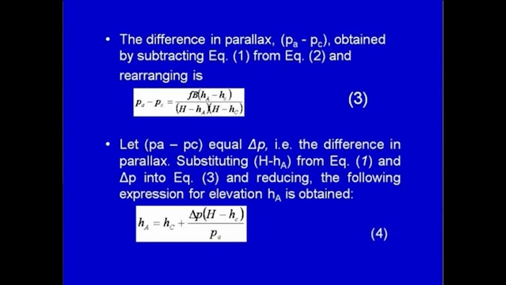Now, if Pa minus Pc is equal to delta p, that is the difference in parallax, substituting H minus ha from equation 1 and delta p in equation 3 and reducing, the following expression for ha is obtained, that is ha is equal to hc plus delta p multiplied by the difference of H minus hc divided by Pa.